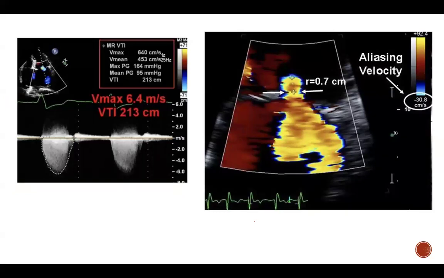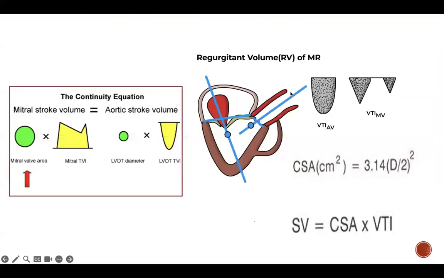The other thing among the quantitative measures is the PISA. PISA, if you think about it, is almost the same concept as what we were talking about before, the continuity equation: what comes in goes out. We were talking in the previous part about mitral and aortic.